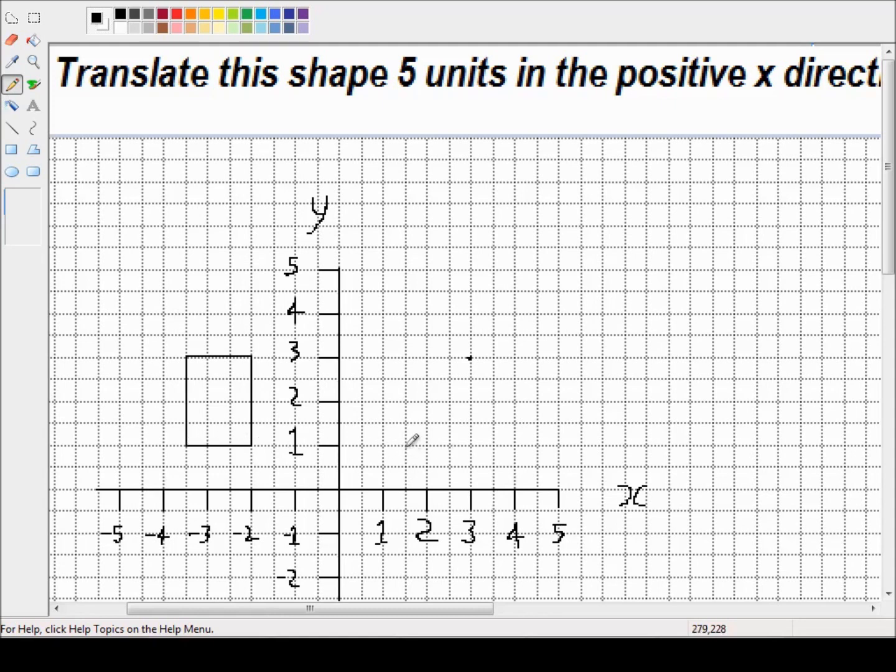So that's going to be here. And then I've got to go up to 3 on the y-axis, because 1 plus 2 is 3.